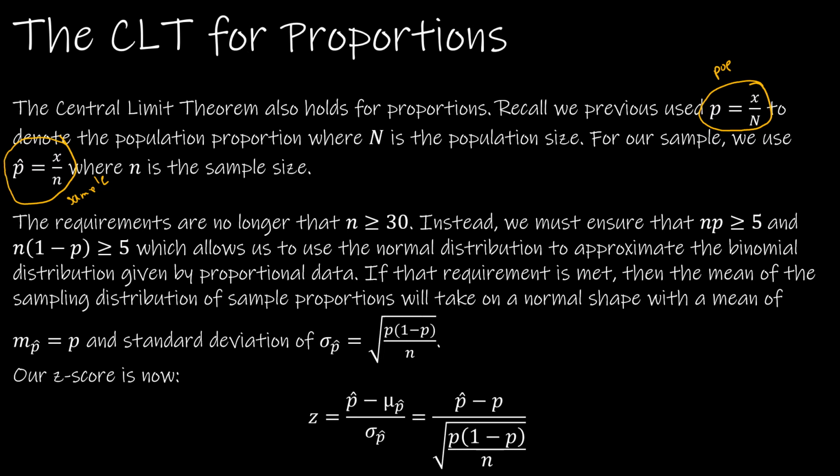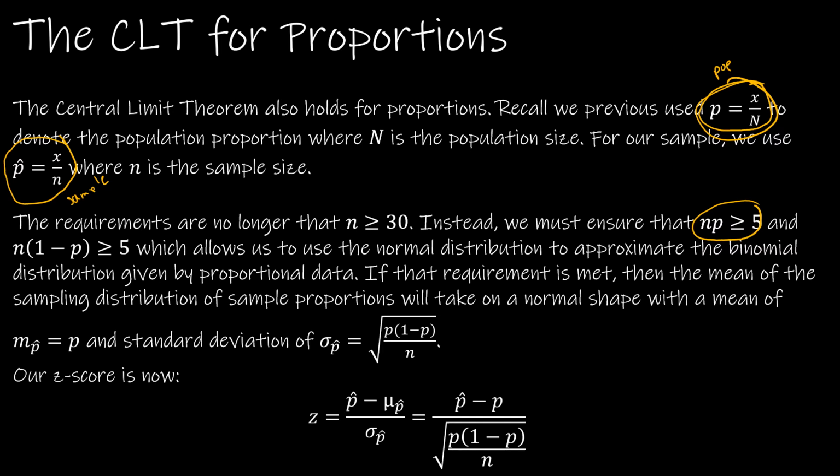But if we can show that n times p, n being the sample size and p being the probability of success, the population proportion, is greater than or equal to 5, and n times 1 minus p, or I call it q, is greater than or equal to 5, then we can use the central limit theorem.